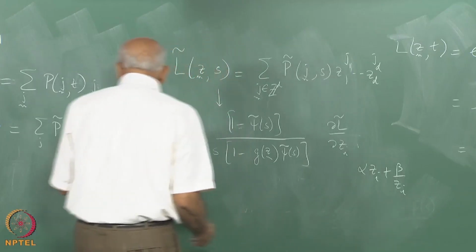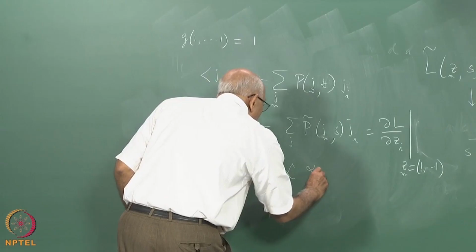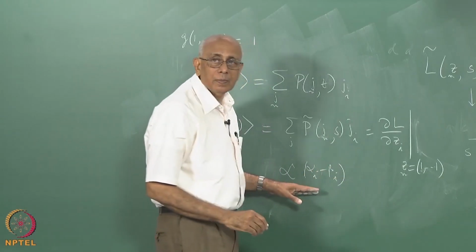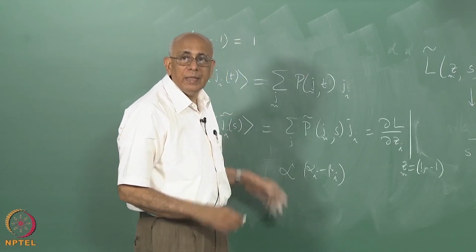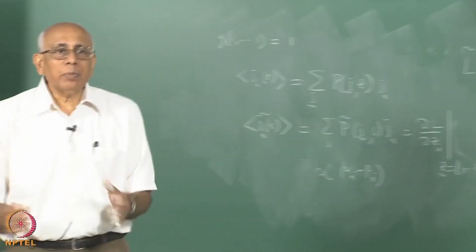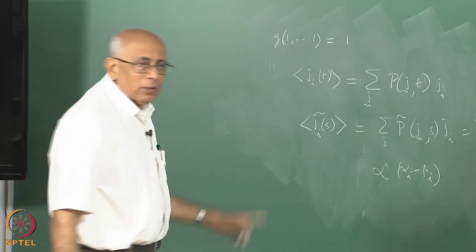So it is immediately clear that this is going to be proportional to alpha i minus beta i. That is going to come out as a factor. Indeed it should, because if there is no bias in that direction, that particular coordinate's average value must be 0. So this is where it is coming from.